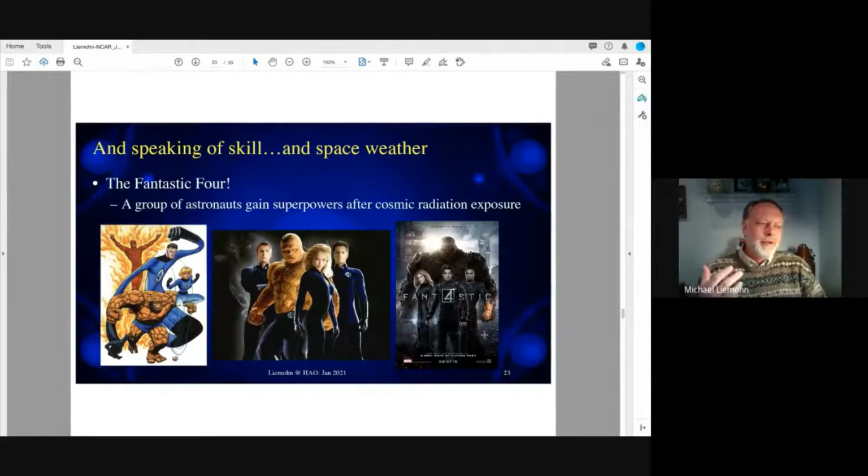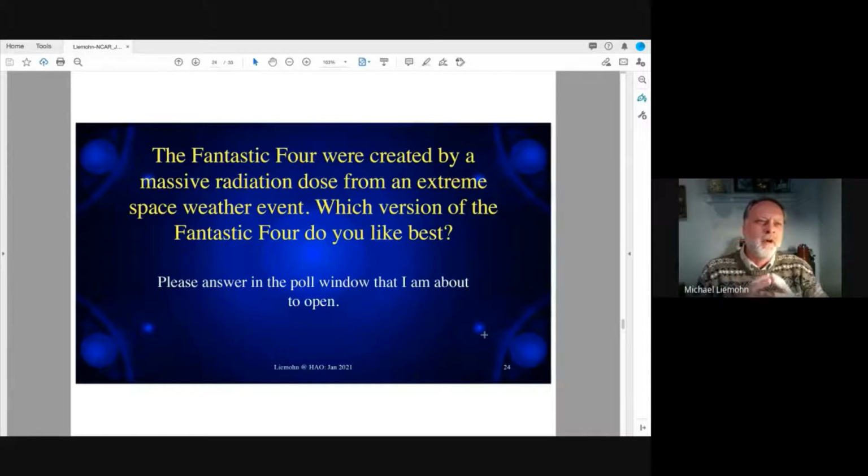And so, yes, I have another poll for you here, just to keep things going. Which one of these three? There have been several different restarts trying to get the Fantastic Four going. And so which one of these various Fantastic Four incarnations is the best? So Cheryl, could you have the next poll open? And let me go to that.